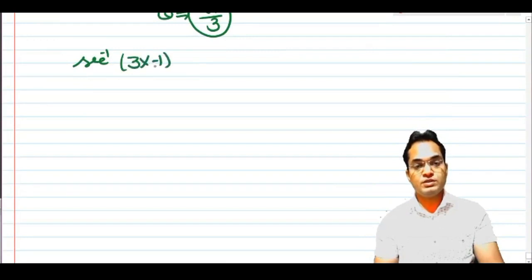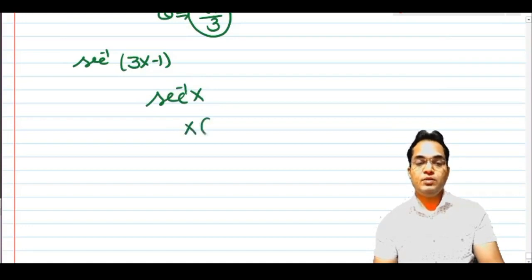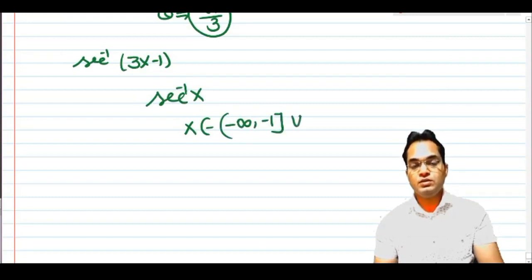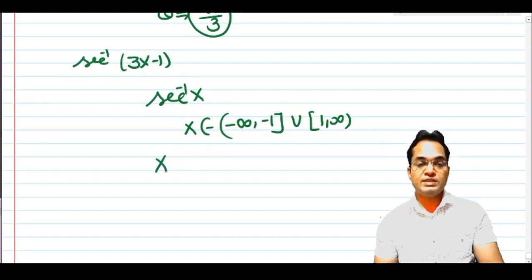What is the domain of this? As we know, the domain of sec inverse x is x belongs to minus infinity to minus 1 union 1 to infinity. Yes or no? Means you can say x is less than or equal to minus 1 and greater than or equal to 1.